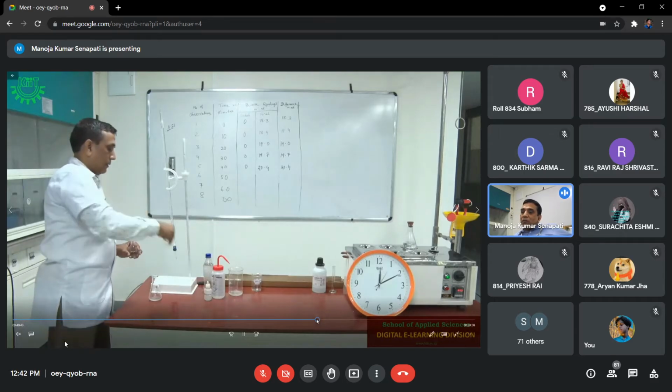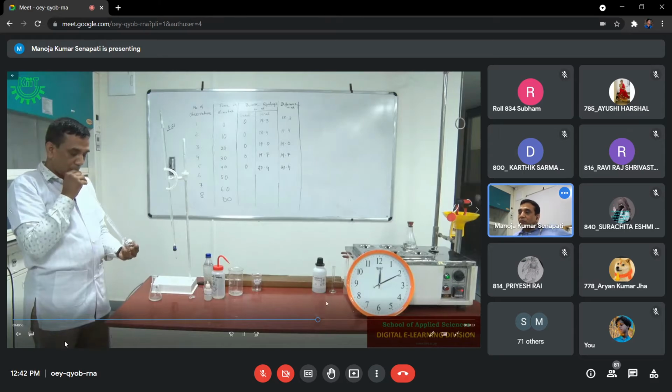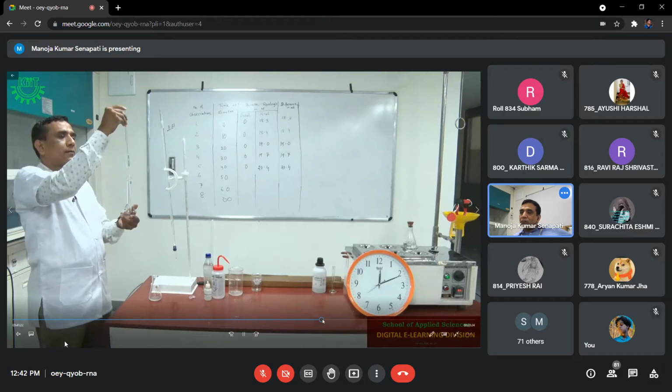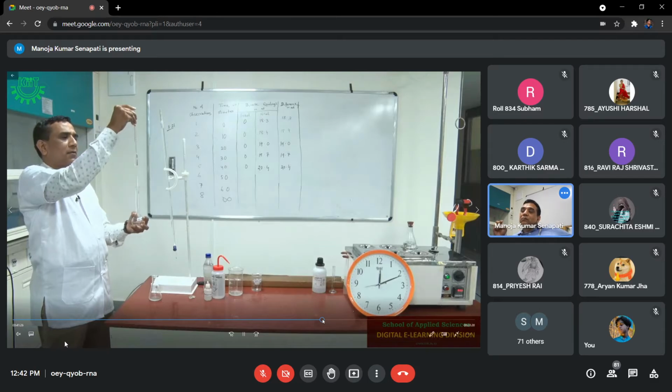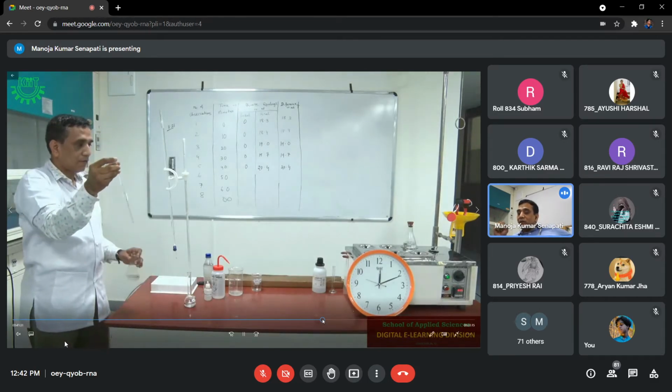So now take out the reaction mixture, and exactly at 12:11 add to the chilled water.